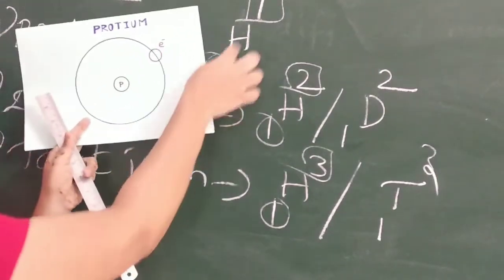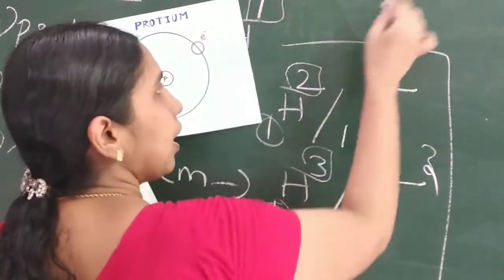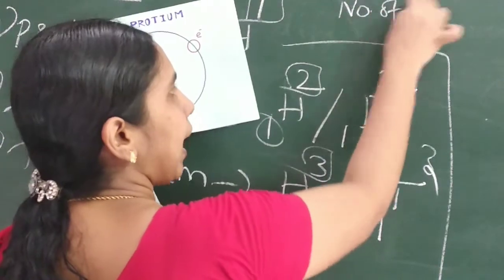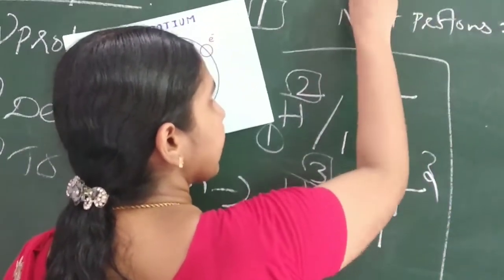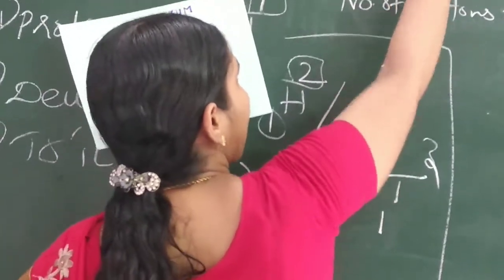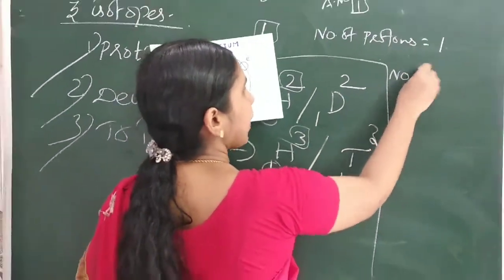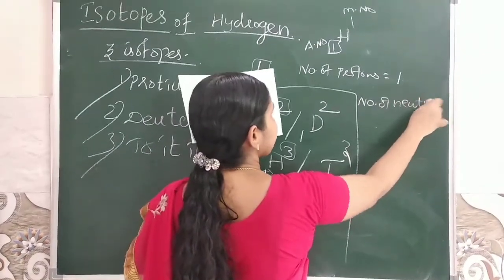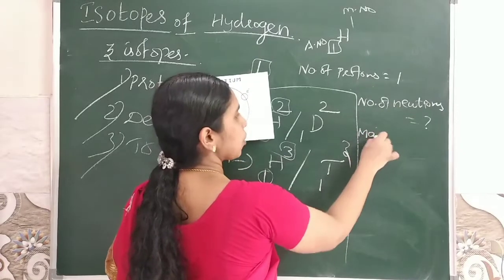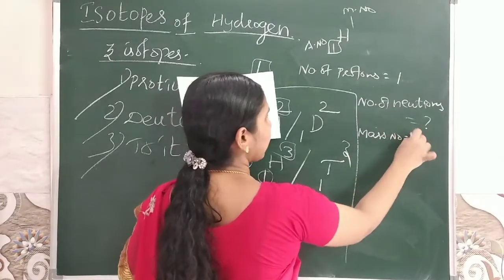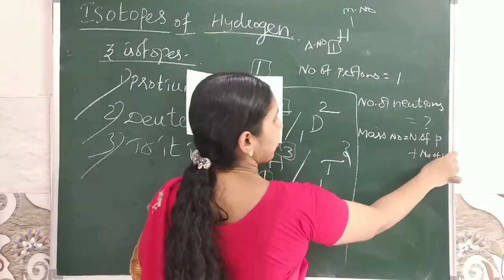Now, take 1H1. You have to calculate the number of neutrons. The atomic number gives the number of protons, which is 1, and this is the mass number. The mass number is equal to the number of protons plus the number of neutrons.